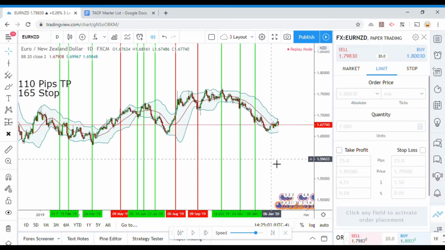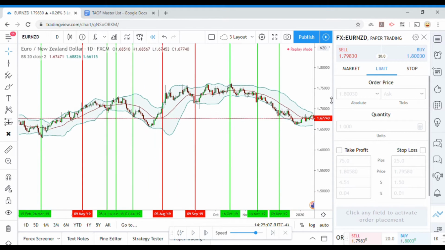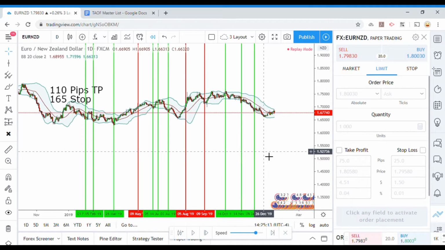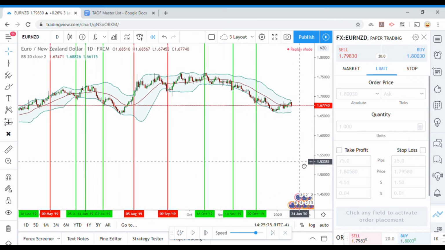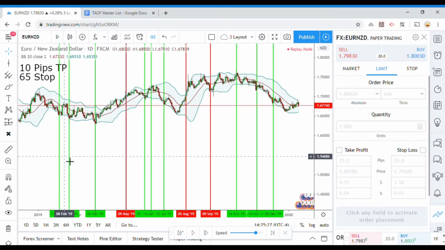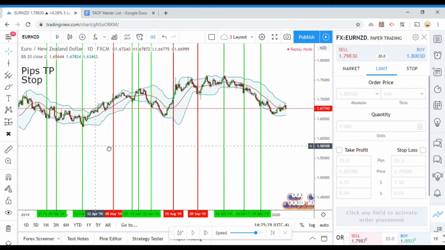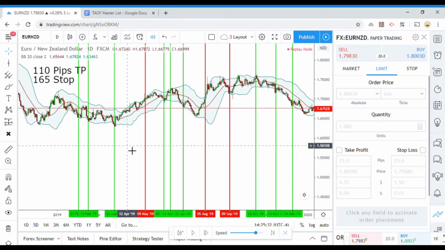I didn't think it was going to do quite that well, to be real honest with you. I have played around with Bollinger Bands before, and I don't think I've actually sat down and calculated the win-loss ratio. So I am a little surprised.